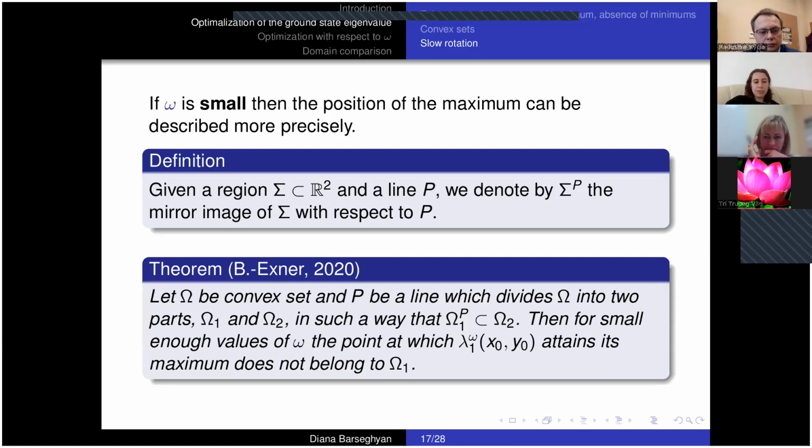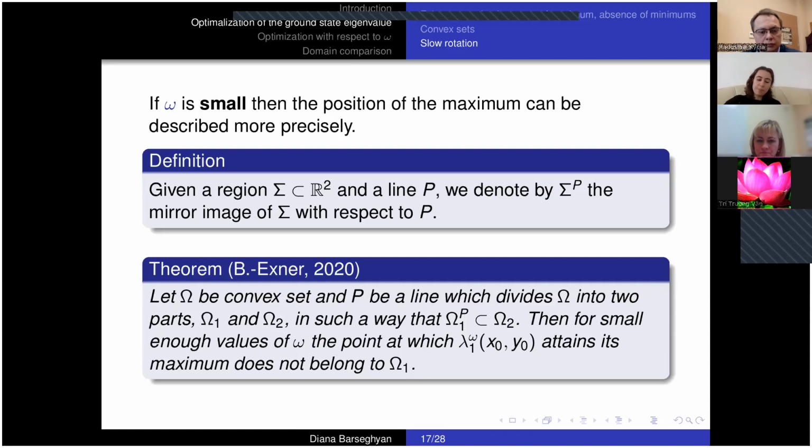Then we have here the theorem, which gives more information about the localization of the point of extremum in the situation when the domain is convex. So suppose that omega is a convex set, and let P be the line which divides omega into two parts, omega 1 and omega 2, but in such a way that the mirror image omega 1 P of omega 1 is included in omega 2.